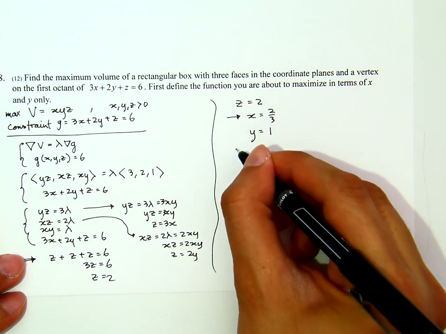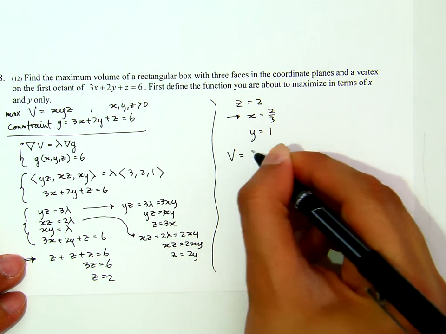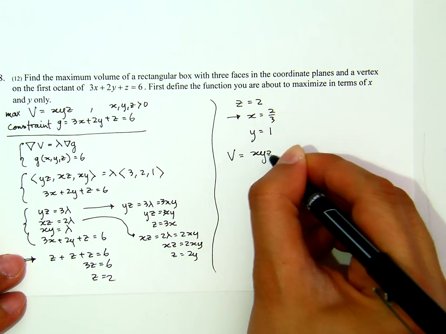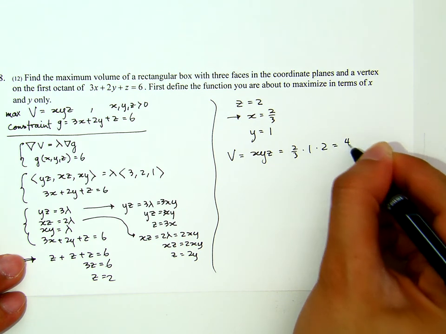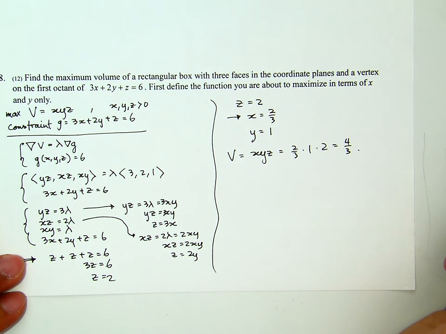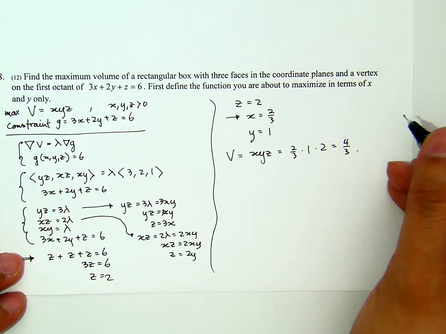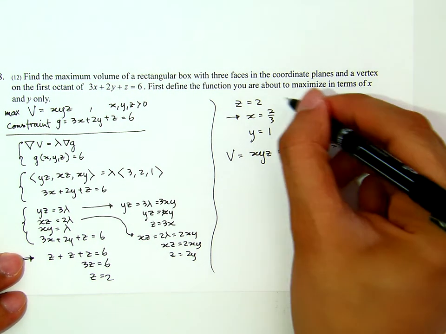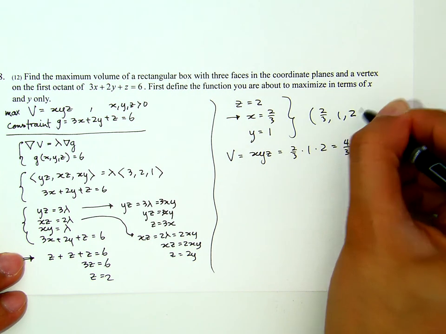That's the coordinate that we need. Let's see the volume: V = xyz, which equals 2/3 times 1 times 2, that's 4/3. That's the volume. They don't ask us for the dimensions, but we can tell the dimensions are 2/3, 1, 2.